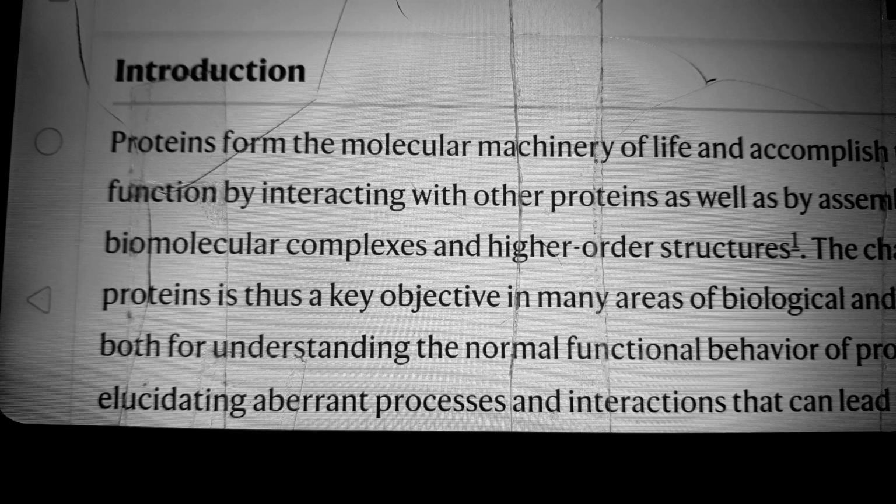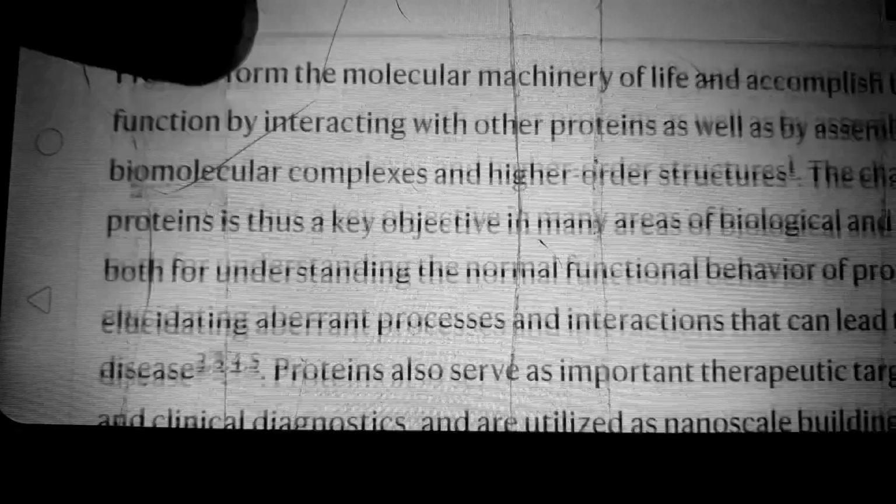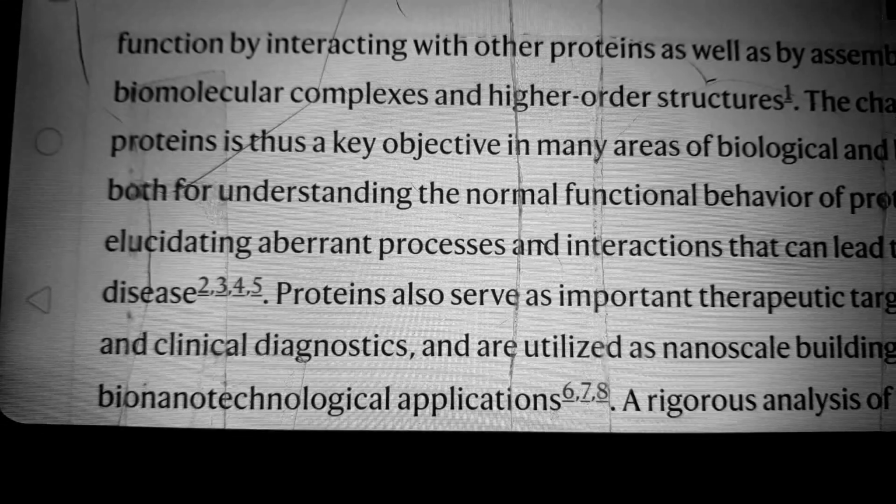Introduction. Proteins form the molecular machinery of life and accomplish their biological function by interacting with others, as well as by assembling into biomolecular complexes and higher order structures. The characterization of proteins is thus a key objective in many areas of biological and biomedical sciences, both for understanding normal functional behavior of proteins and for elucidating aberrant processes and interactions that can lead to dysfunction and disease.